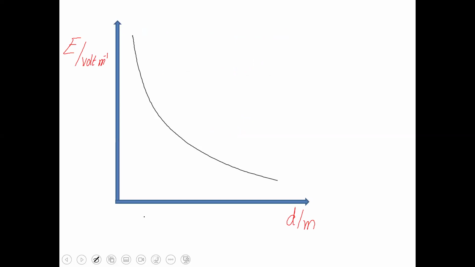Now look at this. E and D are inversely proportional. This is a smooth curve showing inverse proportionality.